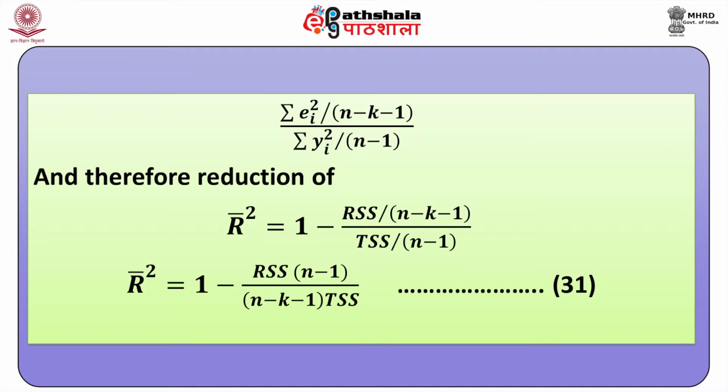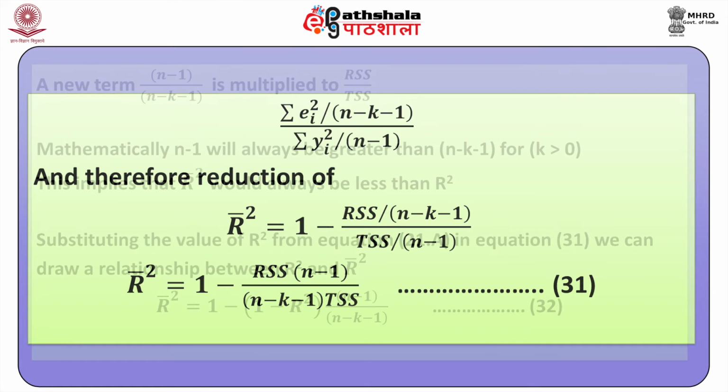And therefore, r bar square is equal to 1 minus RSS upon n minus k minus 1 whole upon TSS upon n minus 1, which implies r bar square is equal to 1 minus RSS into n minus 1 upon n minus k minus 1 into TSS.